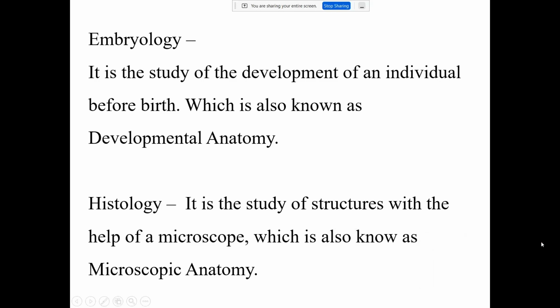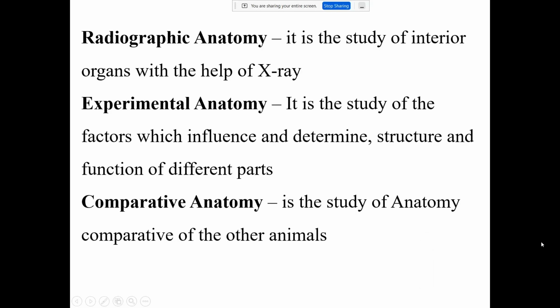Then again, in a different aspect, radiographic anatomy. So what is radiographic anatomy? Here also we study the organs by taking an X-ray. With the help of radiology we identify the organs.